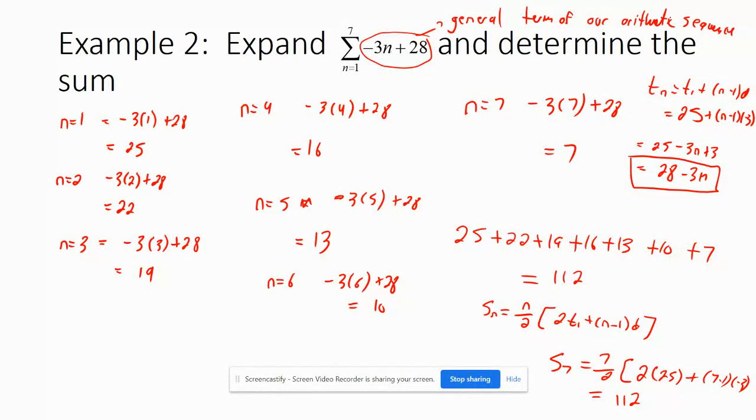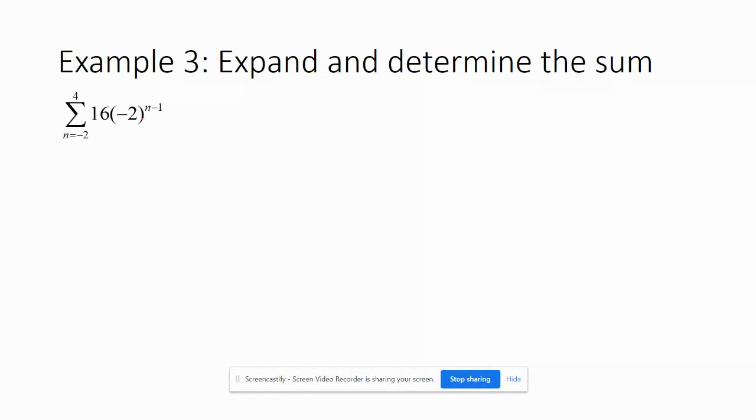Now what I'm trying to get over here is also going to be a general term, but this is no longer an arithmetic sequence. This is going to be a geometric sequence instead. Here's something else a little bit different. In this case, I'm not starting at n equals 1 like I did in the last one. I'm actually starting at n equals negative 2. So what would my first term be?